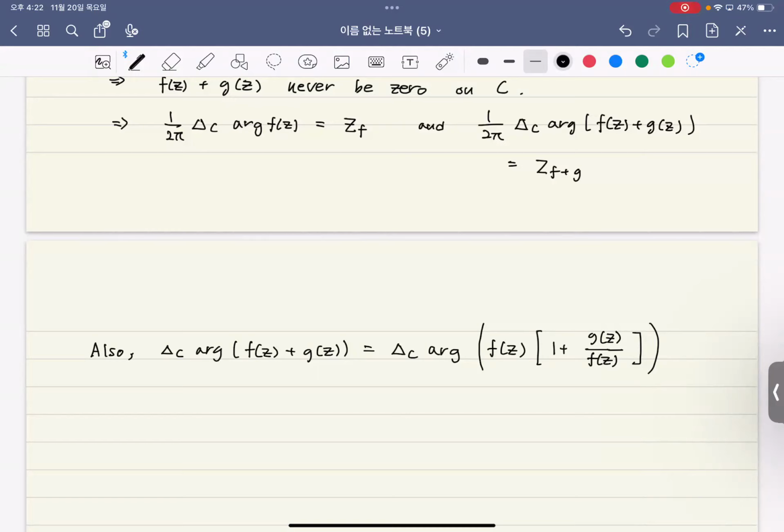So f times g is rho 1 times rho 2, and e to the i times phi 1 plus phi 2. Yeah, I am omitting t.